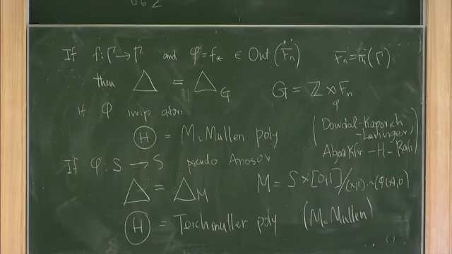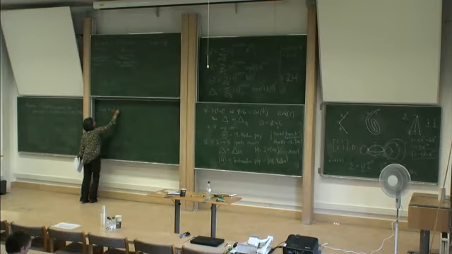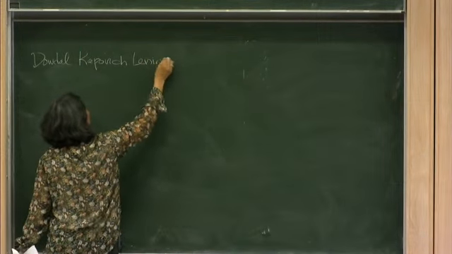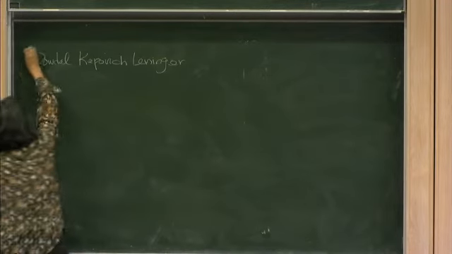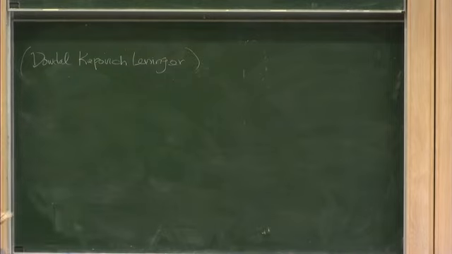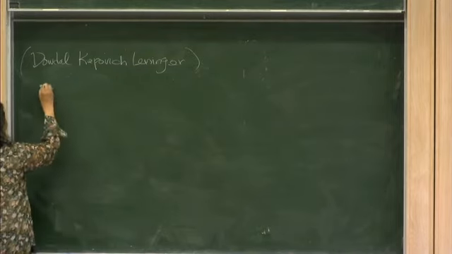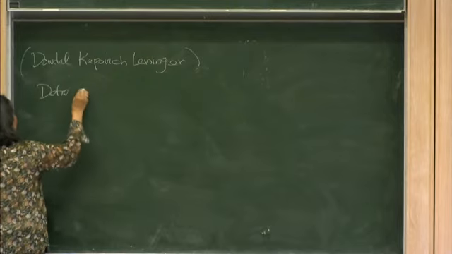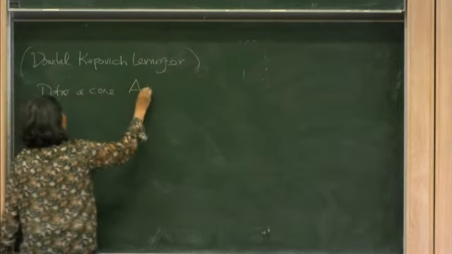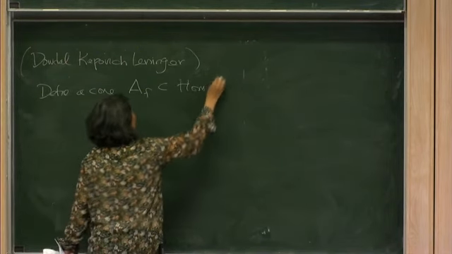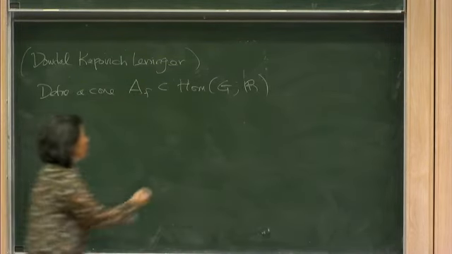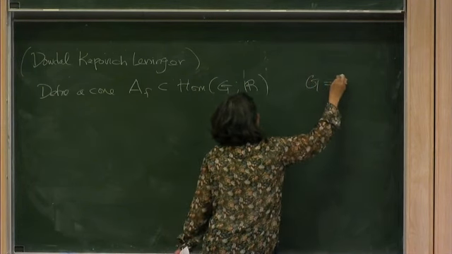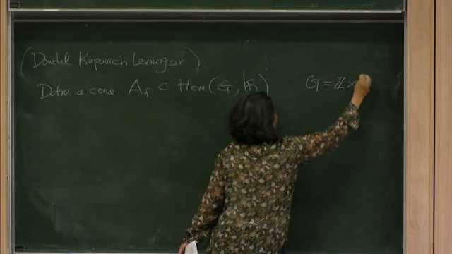So in work of Dowdle, Leininger, and others, they define a cone sitting inside the homomorphisms of G. So G again is this free bicyclic group.